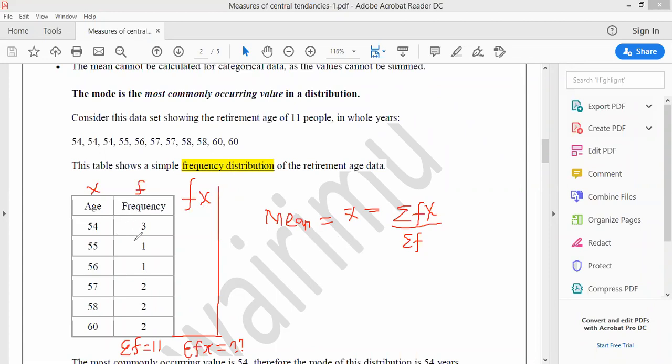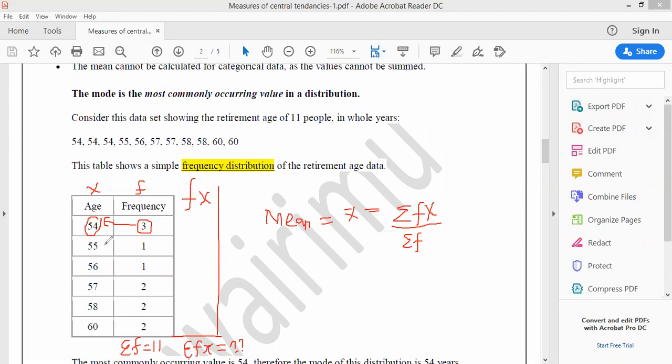You can see there is this column, frequency. You just highlight the one that is the highest frequency. The value corresponding with that highest frequency, this value of 54, is the one we call the modal value.